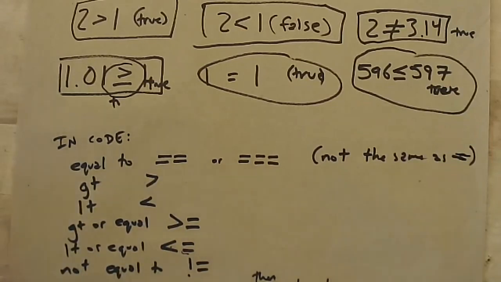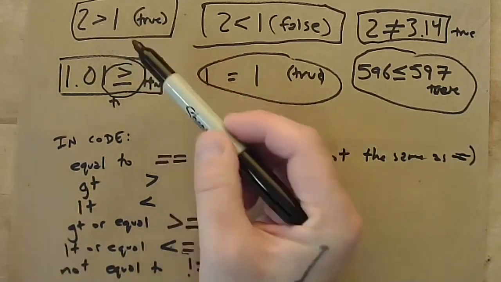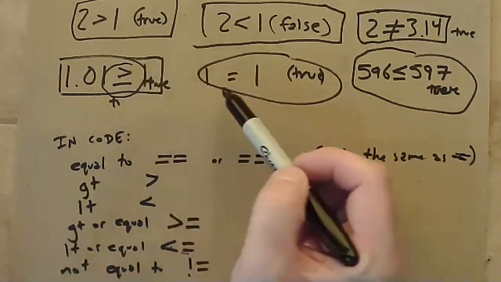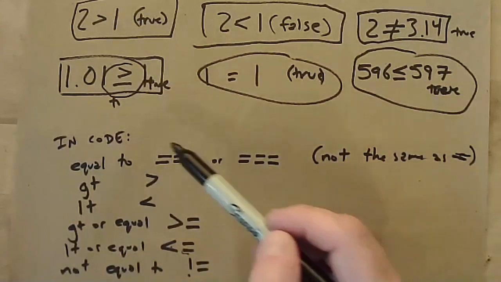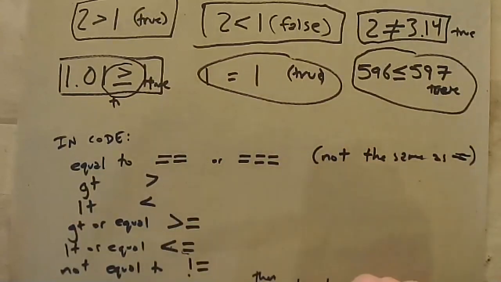So those, I believe, are all linked on the class notepad. I guess I didn't put a link to not equal to, but it should be right there on the same page. So when we write these, we're going to just replace the more familiar mathematical ones with this set of comparators.